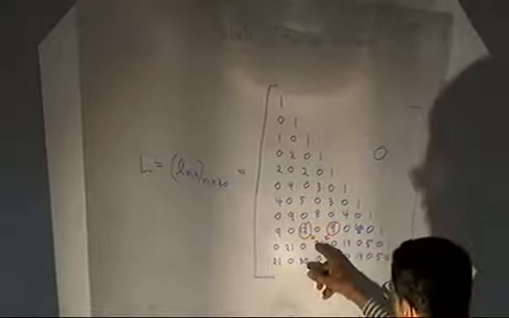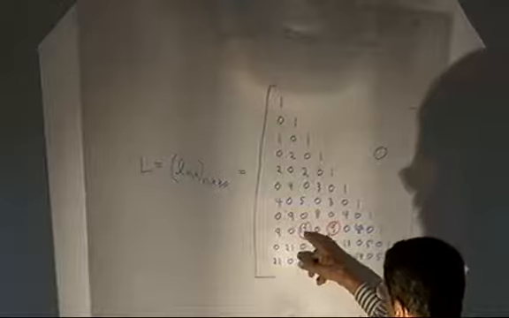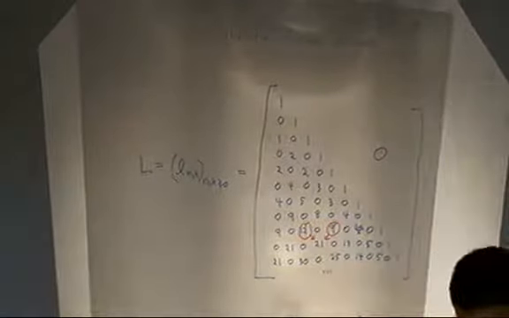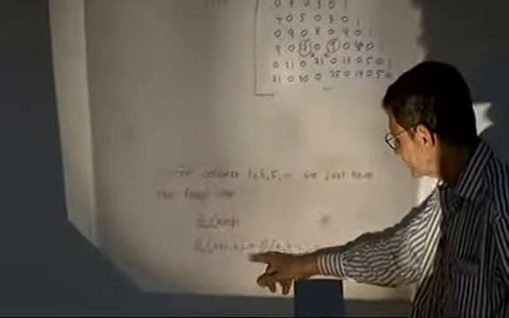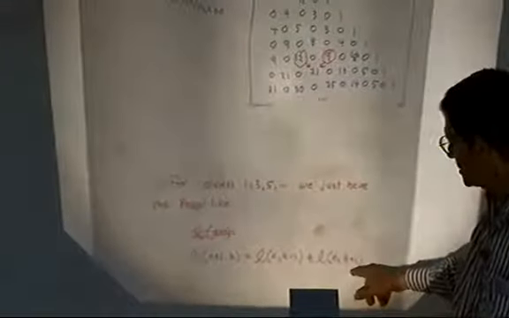For columns 1, 3, 5, all we do is the old Pascal rule. Just add up what's on the left and what's on the right. So we would then get, if k is odd, this is our recursion.